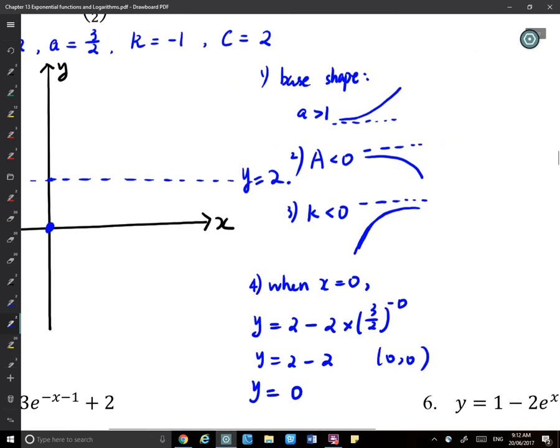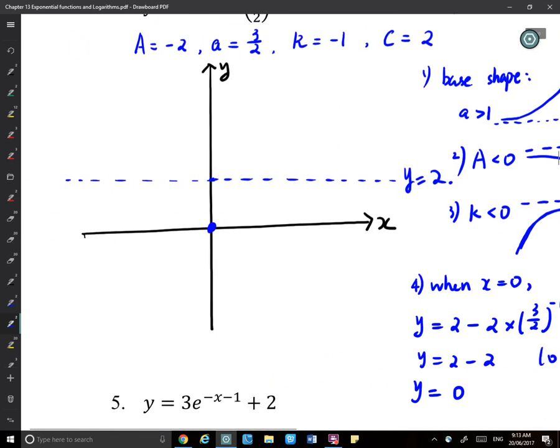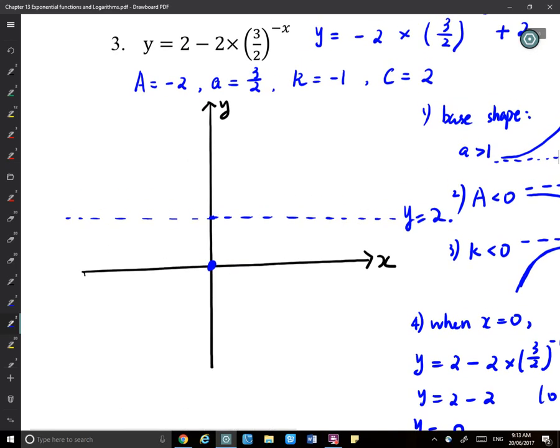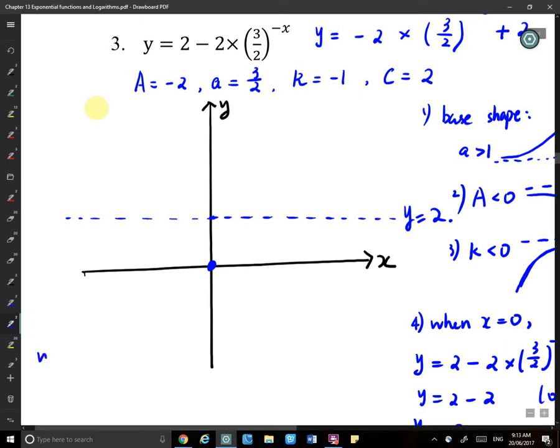And then I need to choose another point to calculate. A lot of you have chosen 1. I don't think 1 is a good point to choose. I will choose -1. Why do I choose -1? The negative of -1 will become 1 and it's easy to calculate. Well, you can choose 1. There's nothing wrong. You just make the calculation harder.